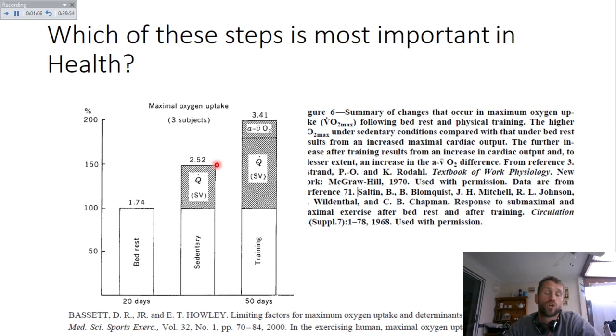So if you have a higher maximum cardiac output, due usually to a higher maximum stroke volume, but can also be heart rate, then you are likely to have a higher oxygen consumption than somebody else. If you compare fit people to unfit people, one of the primary things that differentiates them is a higher and lower maximum cardiac output. And if you take the same individuals and get them to train, the reason that they get fitter is largely due to an increase in their maximum cardiac output. So what we say is that in healthy people, the primary thing that's limiting their VO2 max is their cardiovascular fitness.